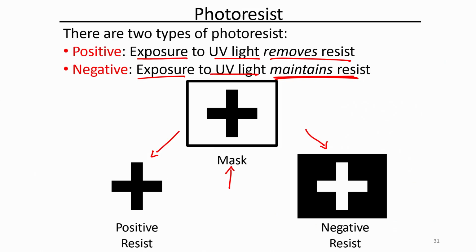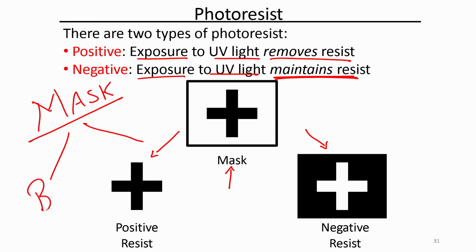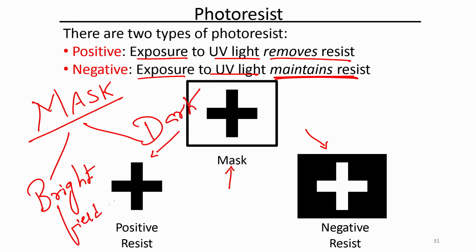So, since we were talking about mask, let us see how the mask in reality looks like. Okay. So, when we talk about masks, mask can be bright field mask, it can be dark field mask, two types of mask, okay?